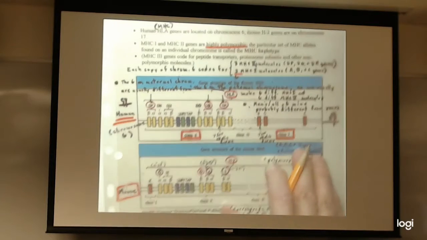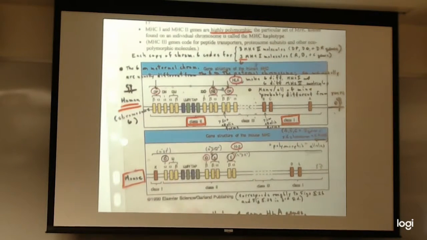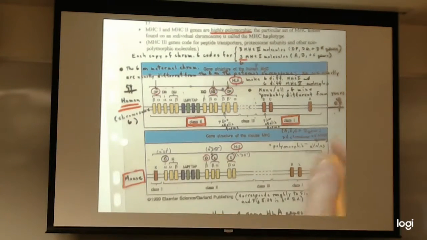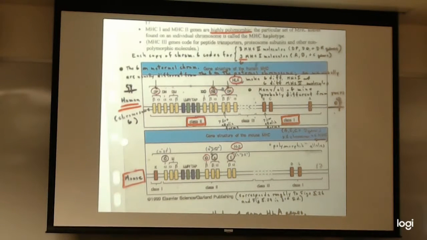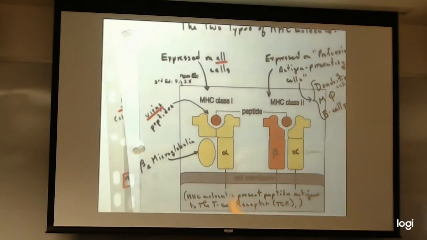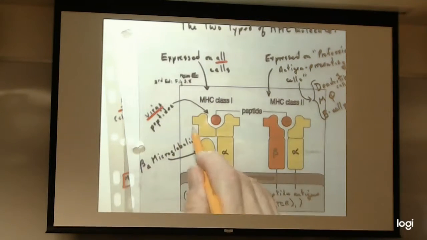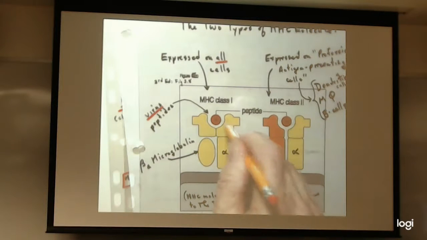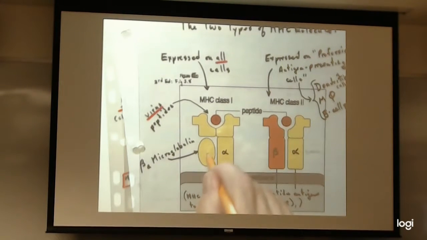Class 2 molecules, perhaps I should go back and refresh your memory. This is the class 1 molecule. One large protein has the base and the platform for the peptide, and beta-2 microglobulin is just a support role.